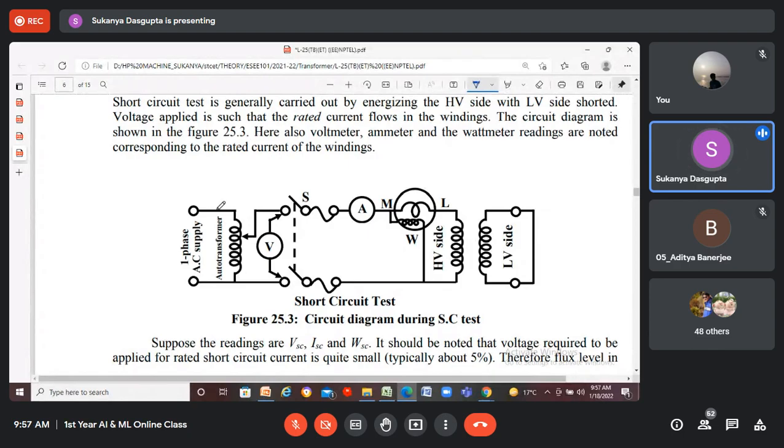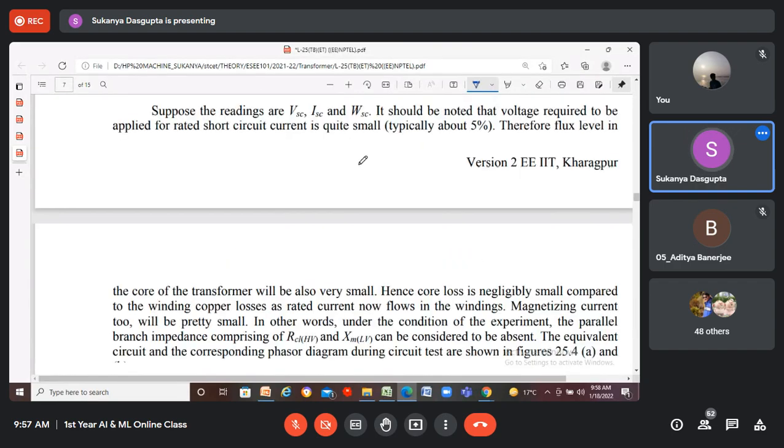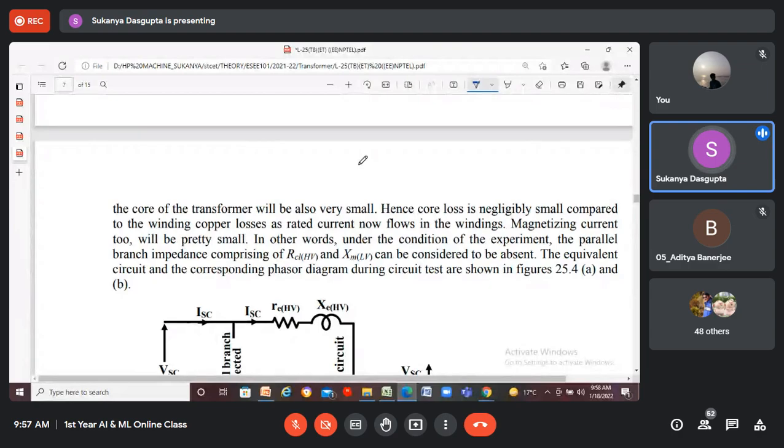Since the rated current is supplied here in the primary side windings, the high voltage side windings are energized by the rated or full load current during this short circuit test operation. Okay, so that small amount of short circuit current can flow, right? So this time the flux level will be very small because the current is very small.